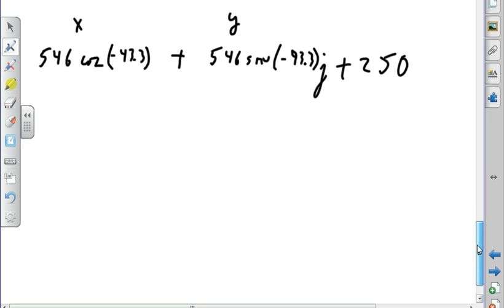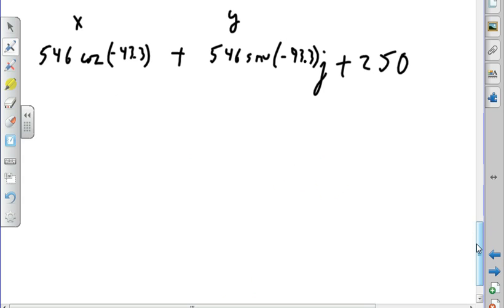I don't even have the impedance yet, in case you're wondering. 546 times cosine 43.3.